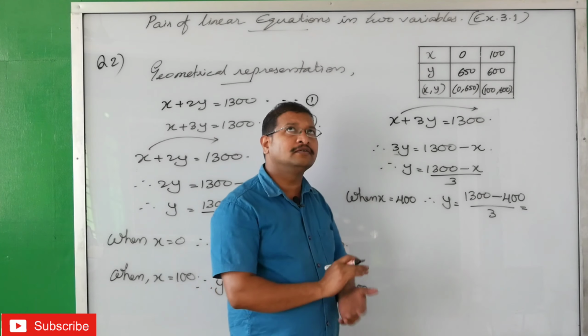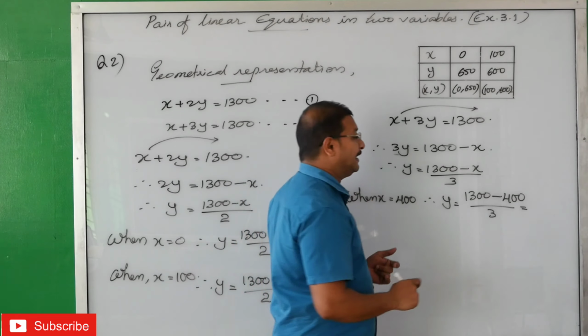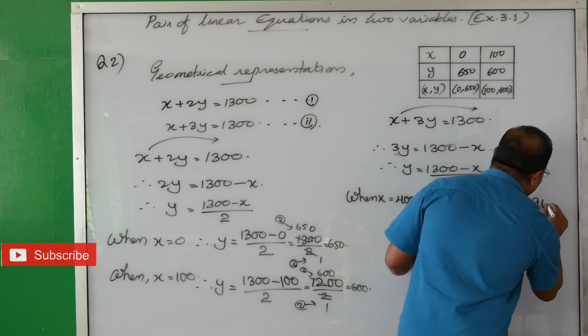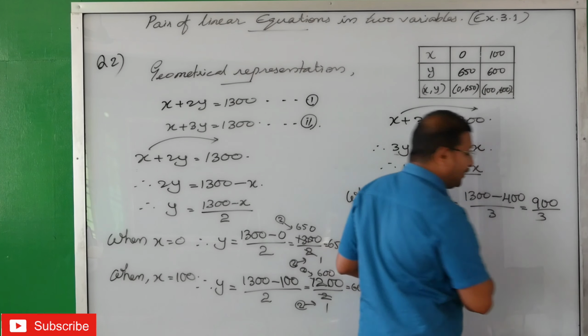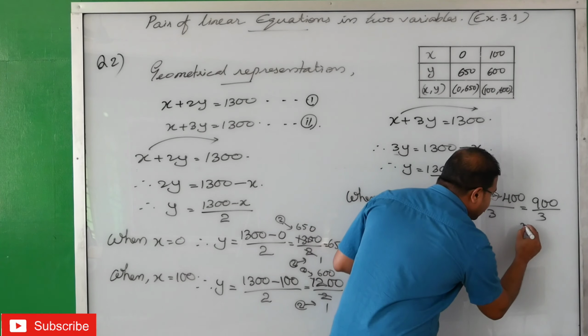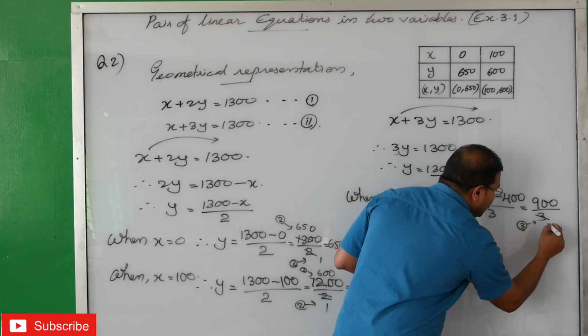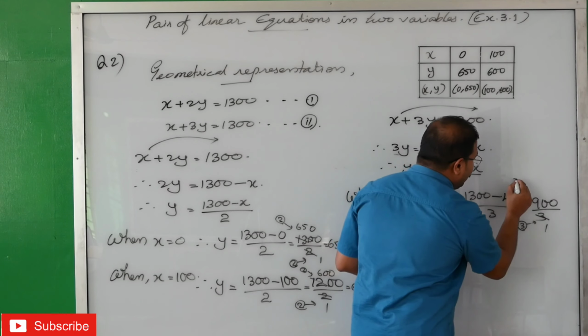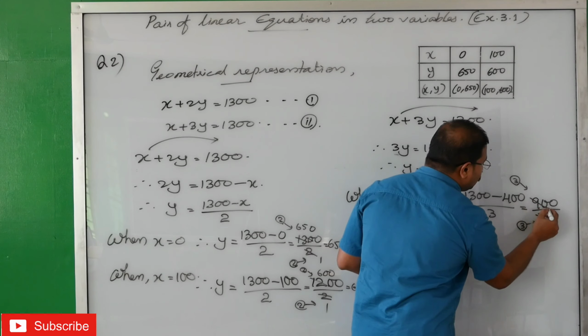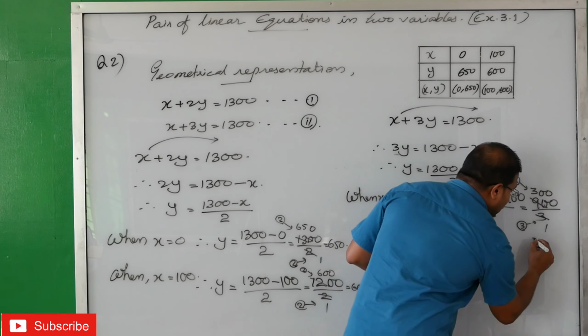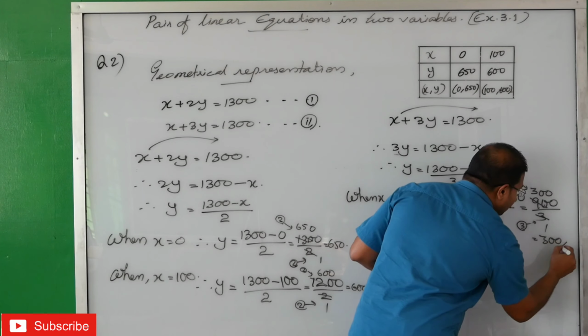How much you will get? Check it. Yes, 900. Ready? So, 900 divided by 3. Now, we will cancel by 3. 3 ones are 3. 3 3s are 9 and these 2 zeros will write upside. So, we got the answer as 300.